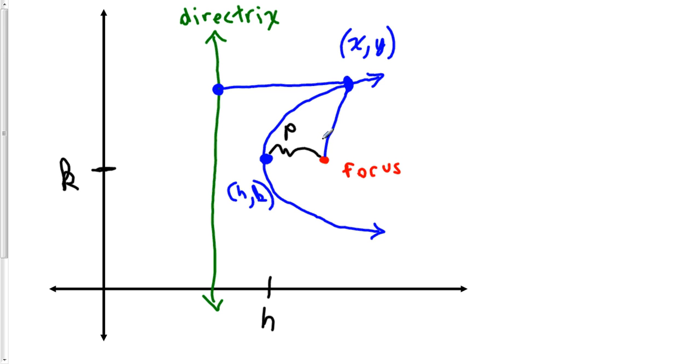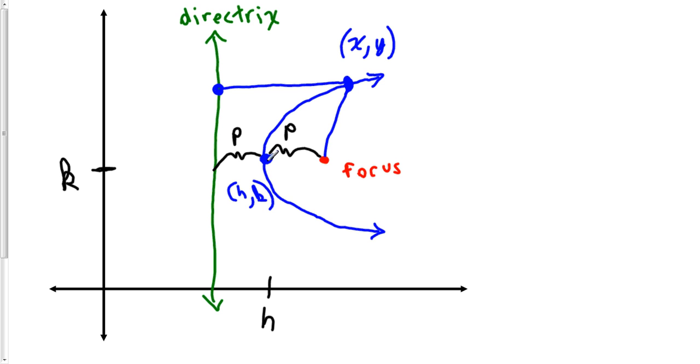And because it's a parabola, the distance from the vertex to the focus, because the vertex is a point on the parabola, has to be the same as the distance from the vertex to the directrix, so that this distance is also p.